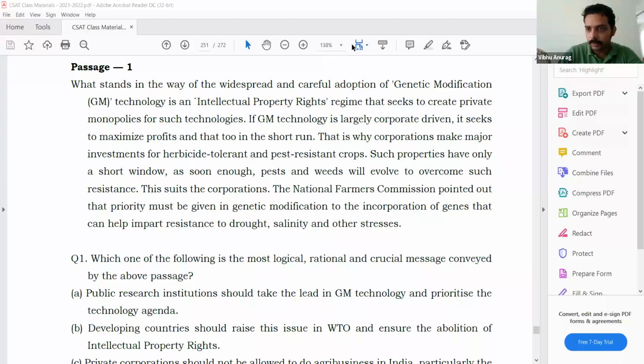Okay, so 10 minutes are over. If you have finished, please type done in the chat box. And if you are still doing it, type it in the chat box and tell me, so I can give you maybe 2 minutes extra time. Is anybody still doing it?